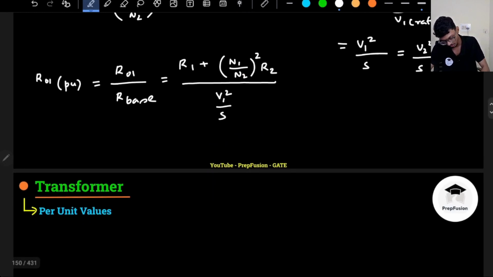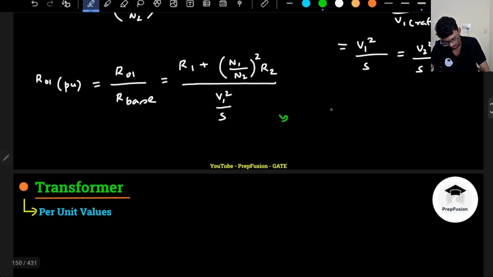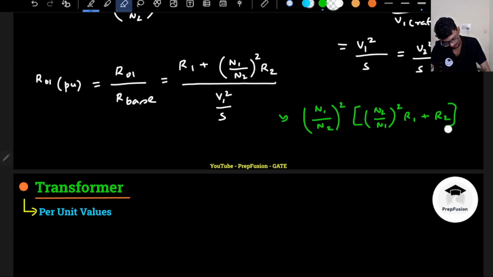If I take (N1 by N2) whole square common, this will be (N2 by N1) whole square into R1 plus R2, divided by V1 whole square divided by S.